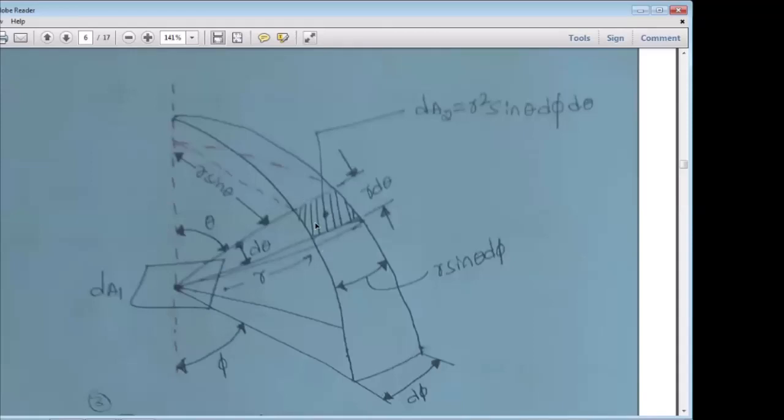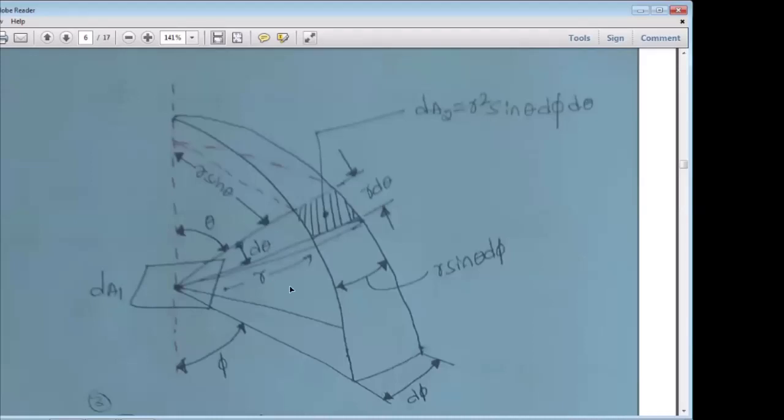Whatever radiation is generated by the black surface area dA1 is intercepted by the hemispherical surface and passes through it.